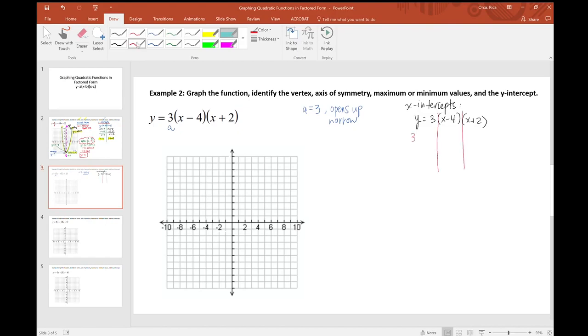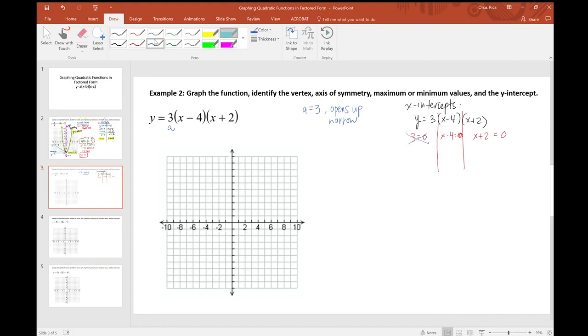So I have 3 equals 0, x minus 4 equals 0, and x plus 2 equals 0. Now I need to solve each equation. Notice how the 3 does not have a variable, so I can't solve for x.